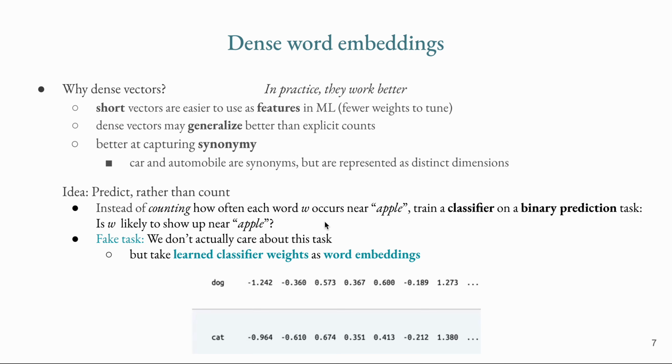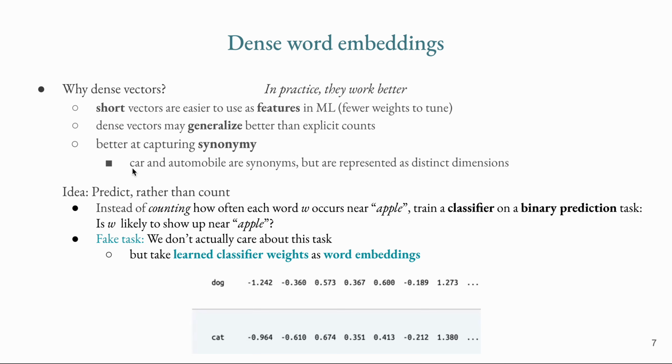So why dense? In practice, they work better, and we would want short vectors because they are easier to use as features in machine learning. There are fewer weights to tune than with a very long vector. Dense vectors also generalize better than the explicit counts, because these counts can change depending on the corpus, right? They are also better at capturing synonymy.